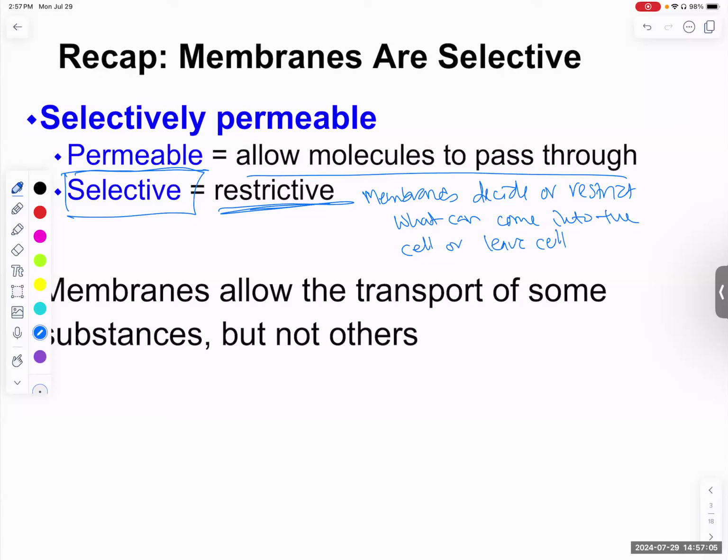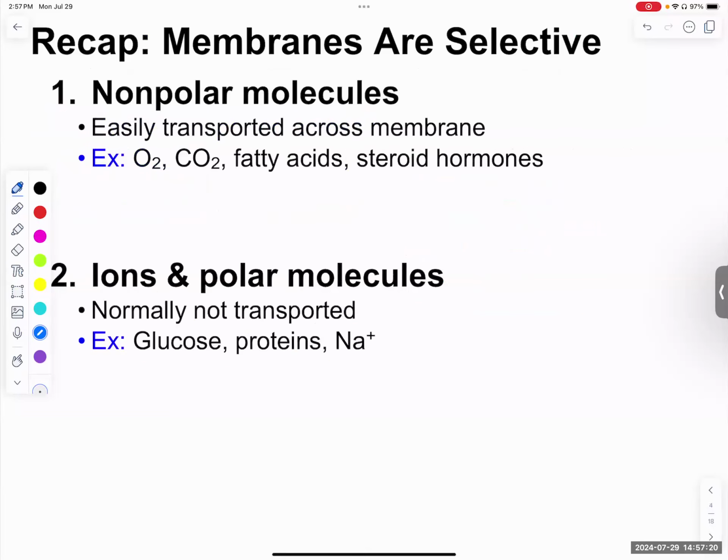And so this is a really important function of cell membranes. Cell membranes are selectively permeable. They allow the transport of some substances, but not others. They are not freely permeable.